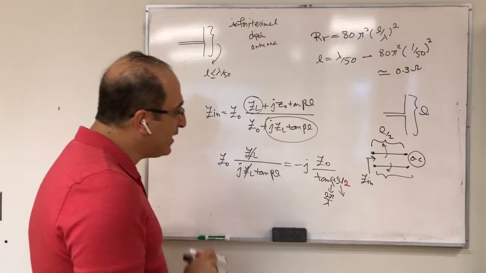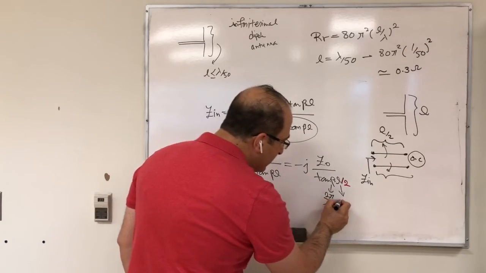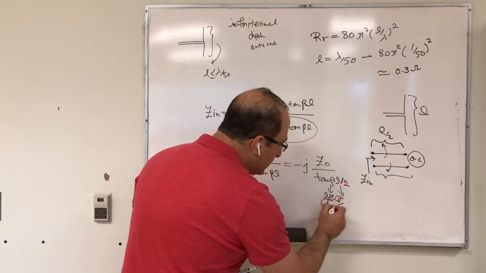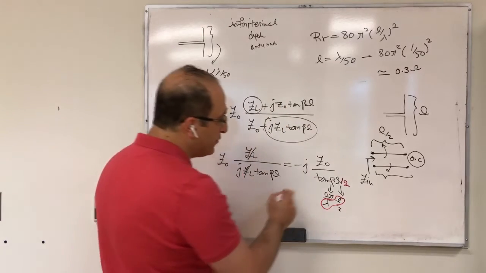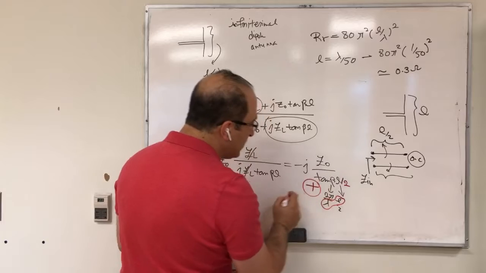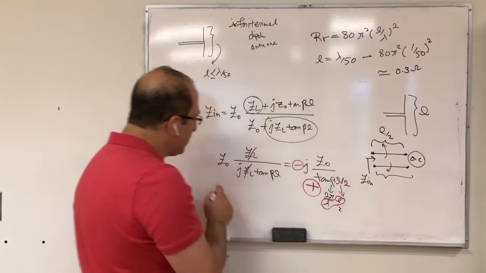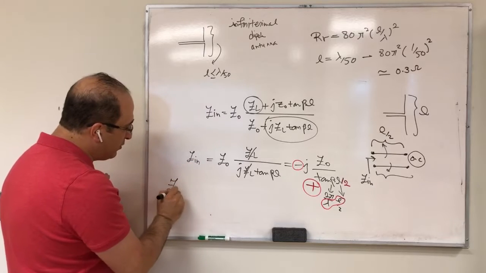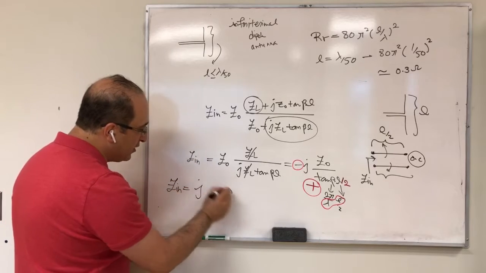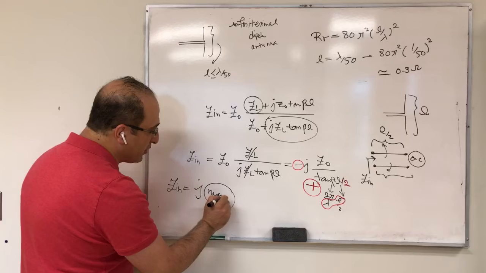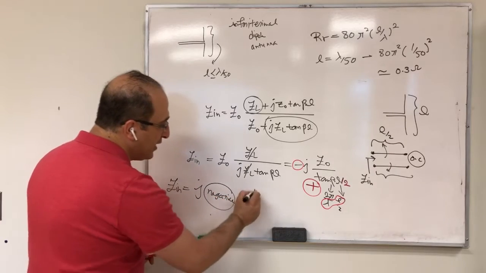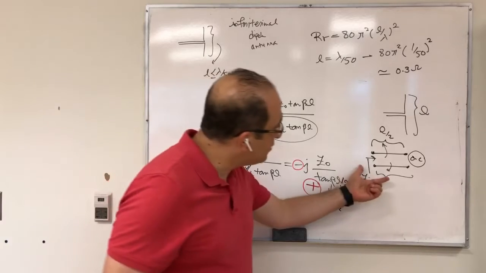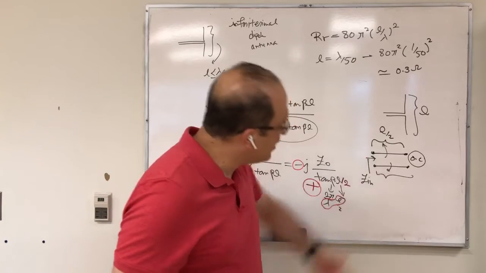But in any case, if L is small compared to wavelength, tangent is positive, but then you have a negative sign, so your Z in becomes negative. So Z in becomes j times a negative number, which is a capacitor. So this, from the very beginning, was a capacitor.